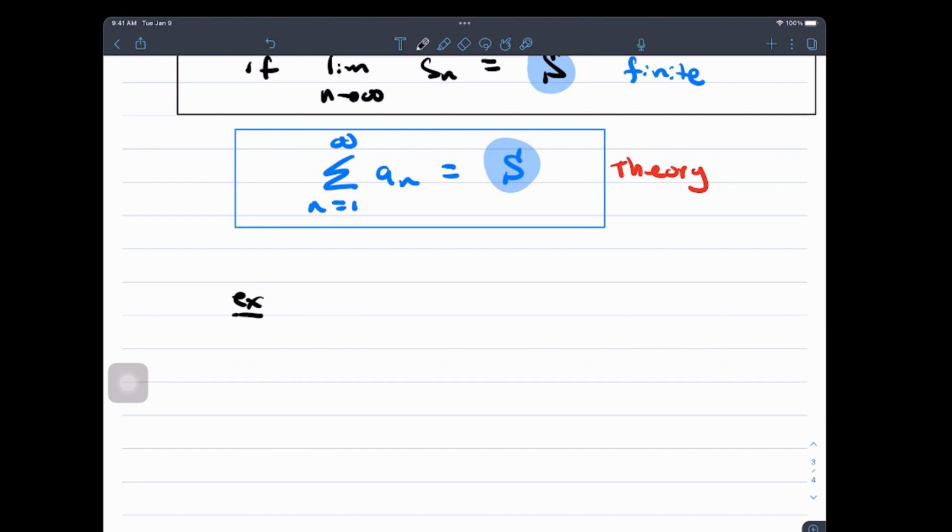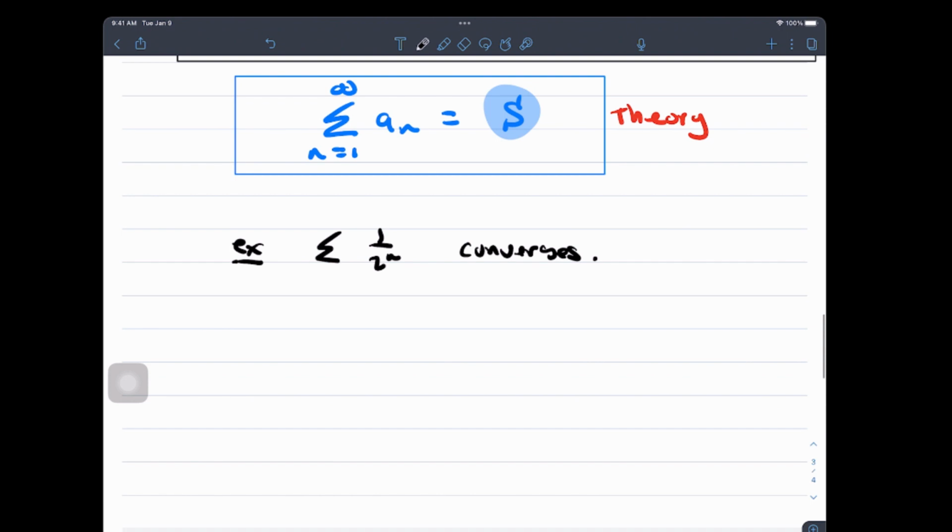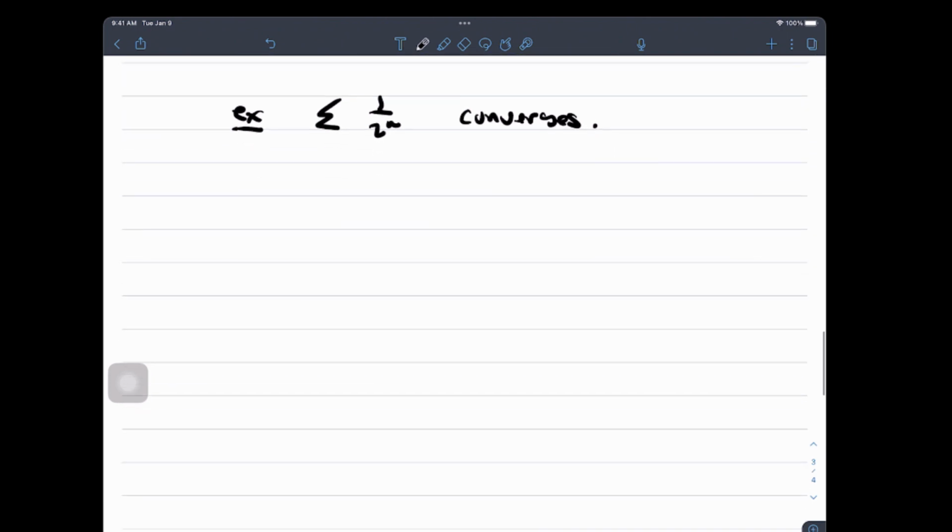And very simple, something like, for example, show that this particular series converges. Okay, so they want you to show that this series converges.